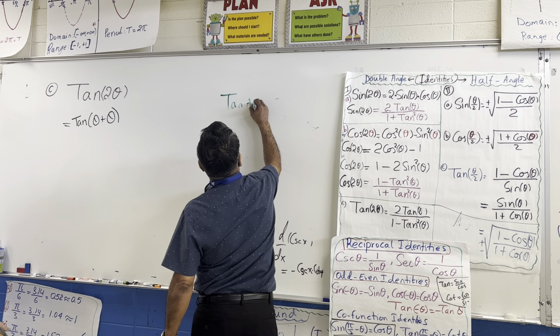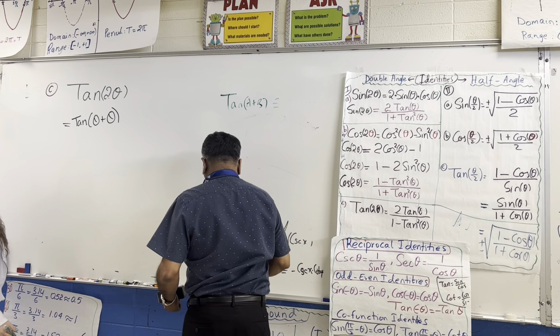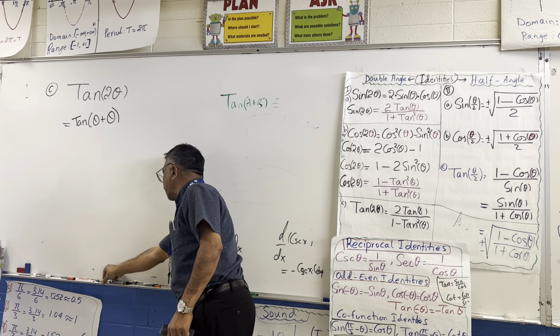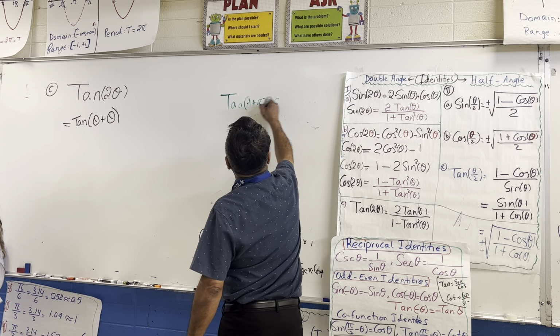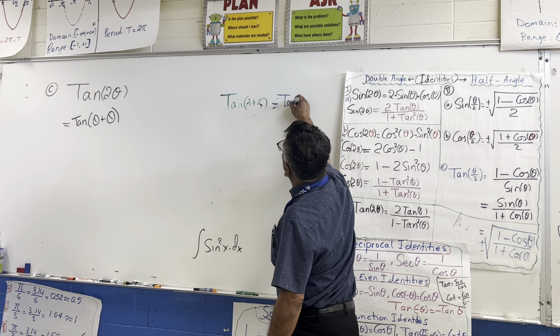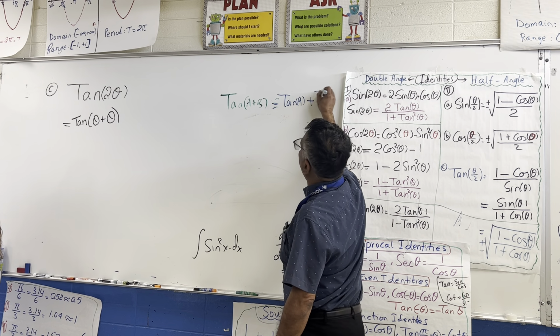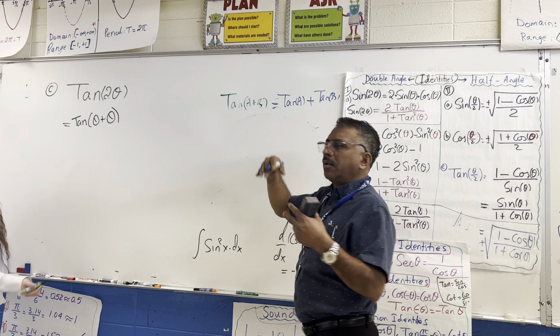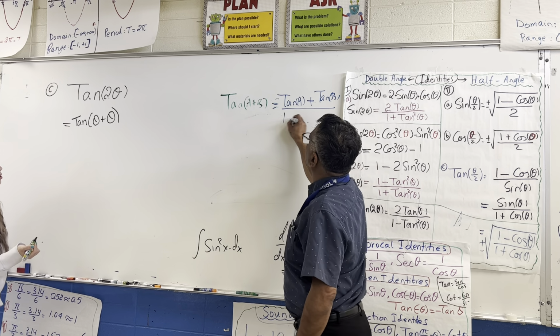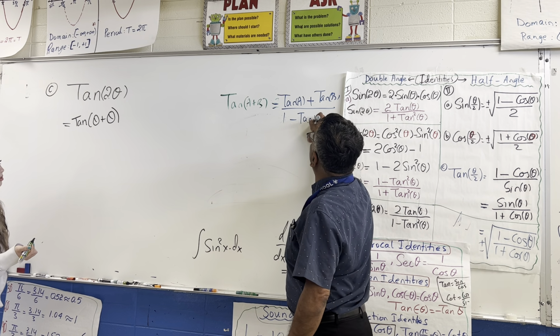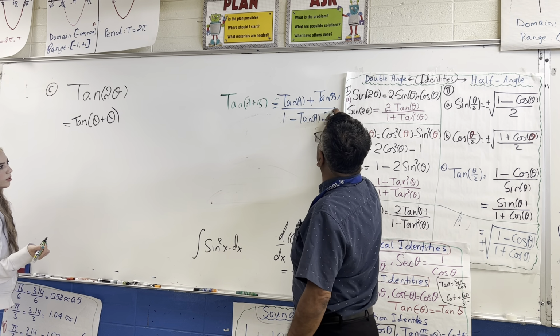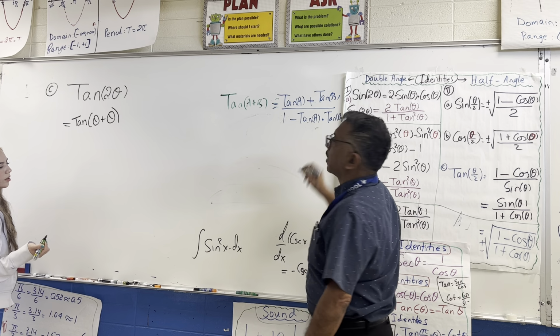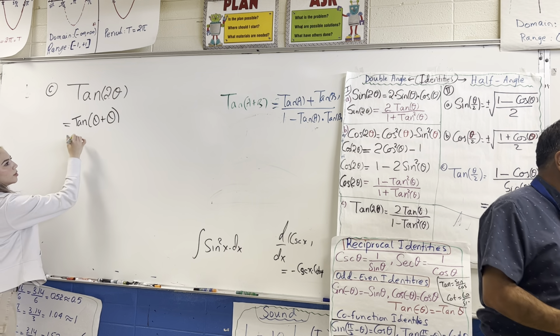Tan A plus B is, markers are getting over, nobody pays me. Anyway, tan of A plus tan of B. Remember we did this almost at the end, and then 1 minus tan of the first one times tan of the second one, correct? So use that.